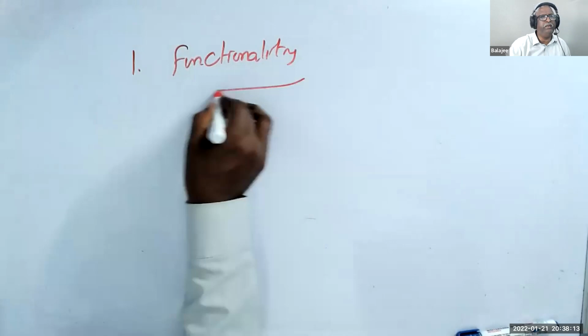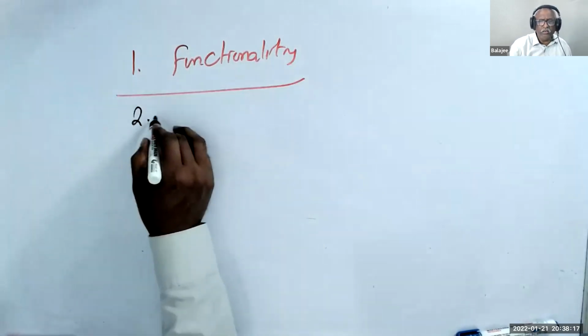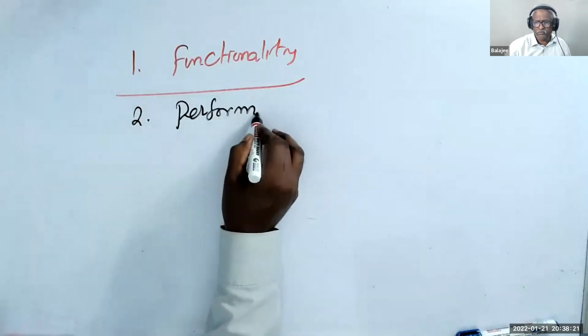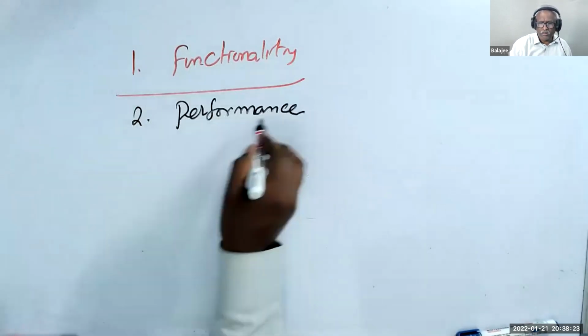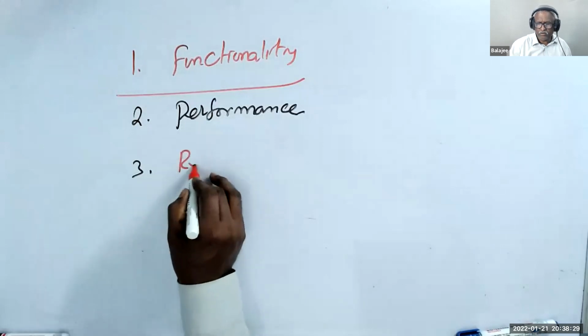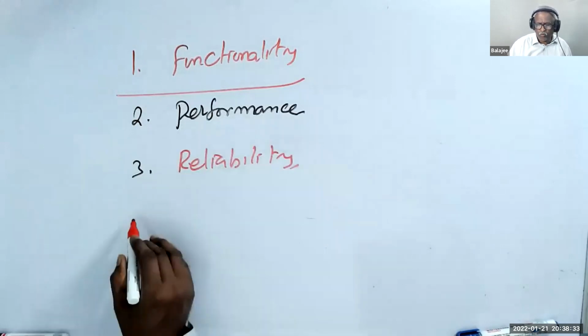That's what we see normally. Second one is performance. Third one is reliability. Fourth one is cost.